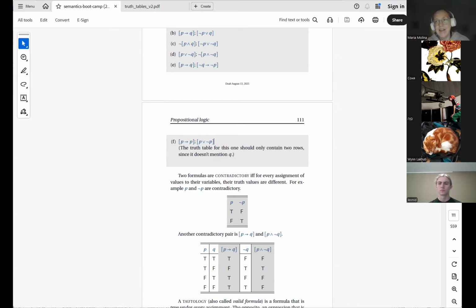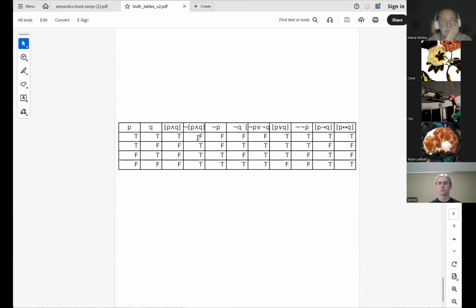It's a tautology. P or not P, in any case, it's true, because a tautology gives us: if it rains, it rains. It is always true. It's always valid.